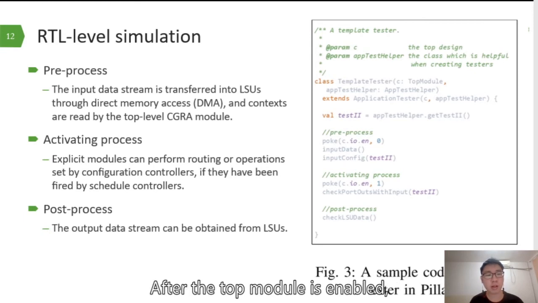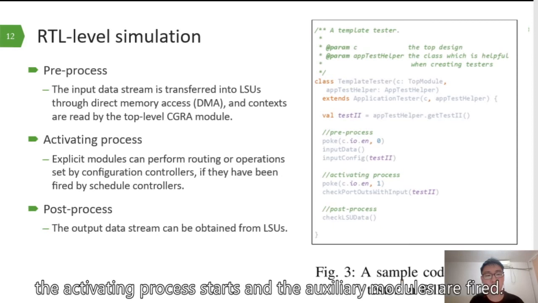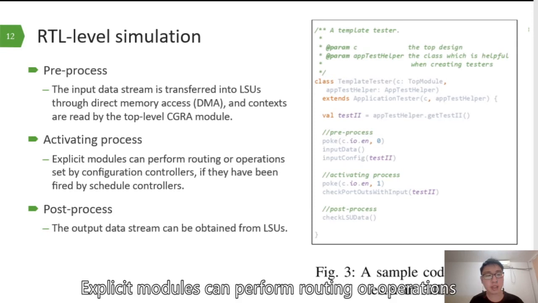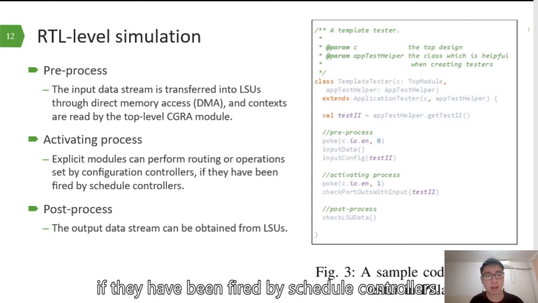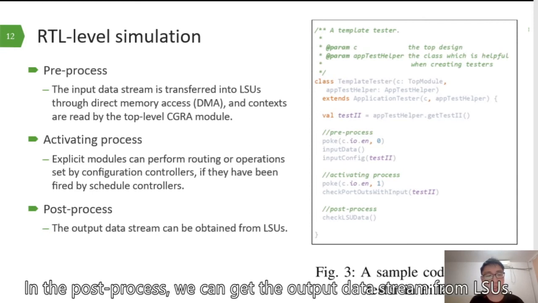After the top module is enabled, the activating process starts, and the auxiliary modules are fired. Explicit modules can perform routing or operations set by config controls if they have been fired by schedule controls. In the post-process, we can get the output data stream from LSUs.